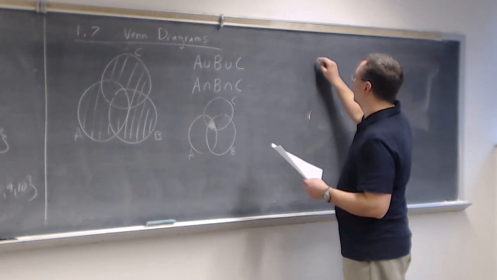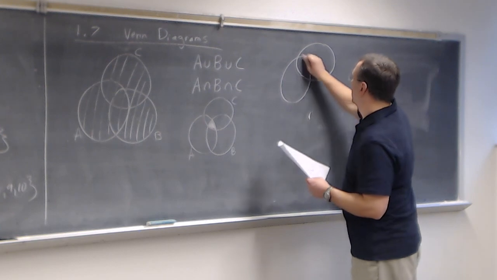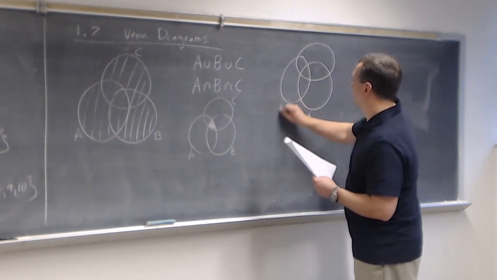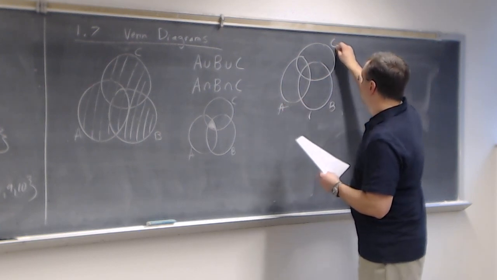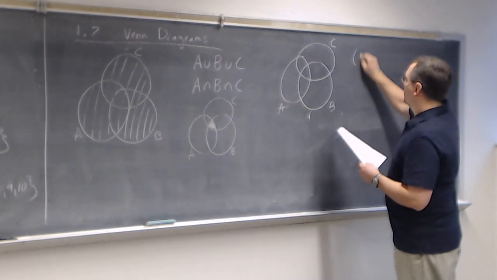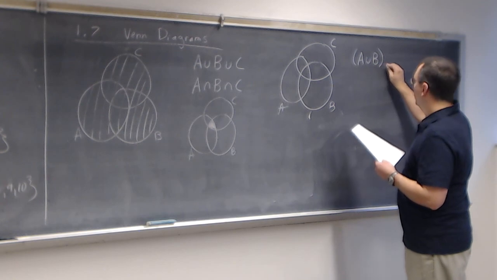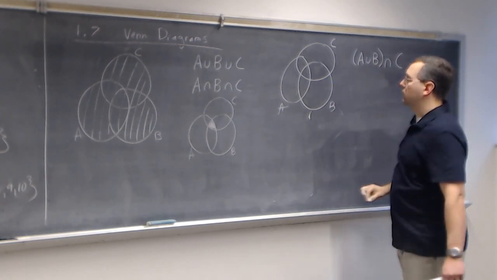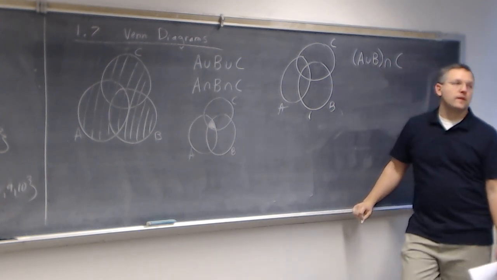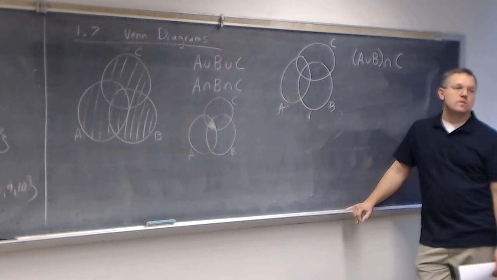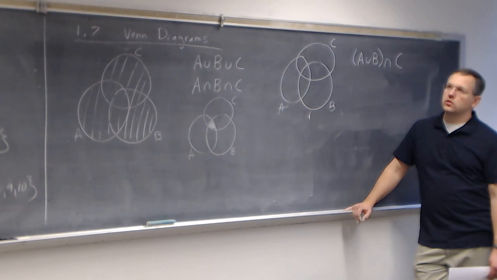How about parentheses, A union B, intersect C. So how could you describe this in words?